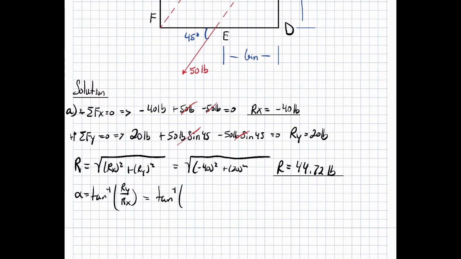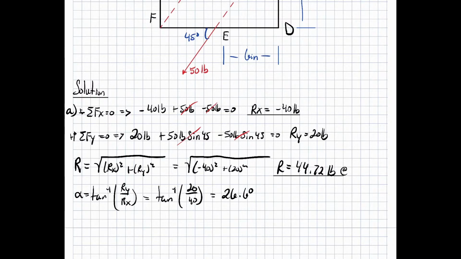So inverse tangent of 20 over negative 40. This is going to come out to a negative degree. So you really don't need the negative sign, because you're kind of taking the absolute value, because it's just a degree. We already know what it's going to be doing based off of our x and y coordinates. So we get 26.6 degrees.